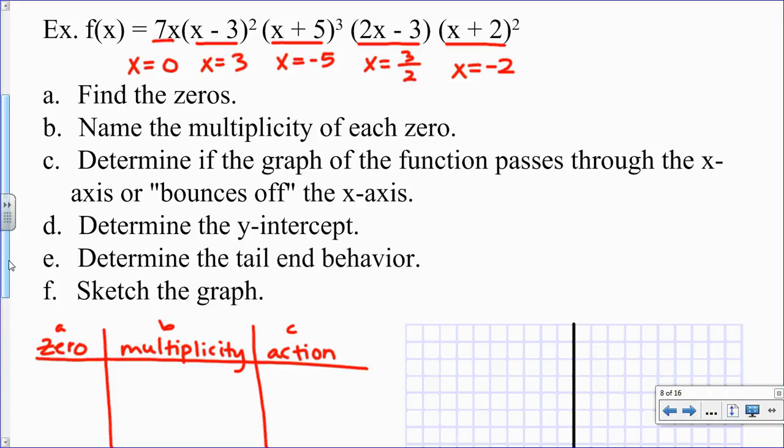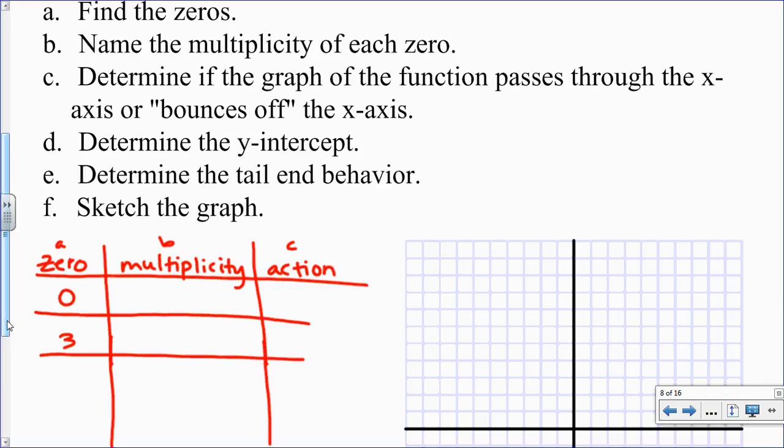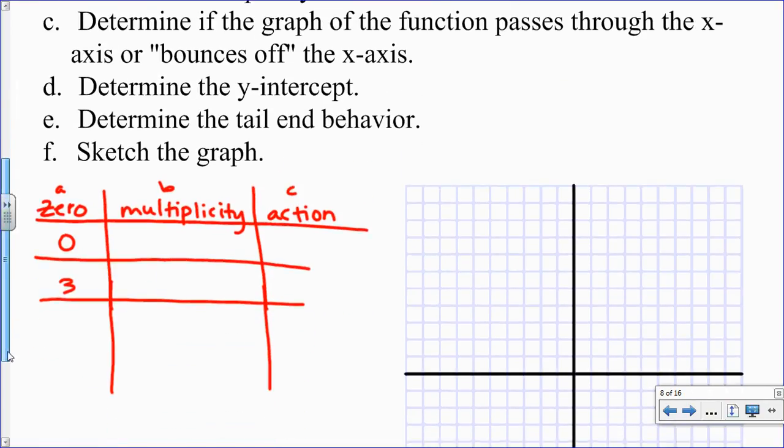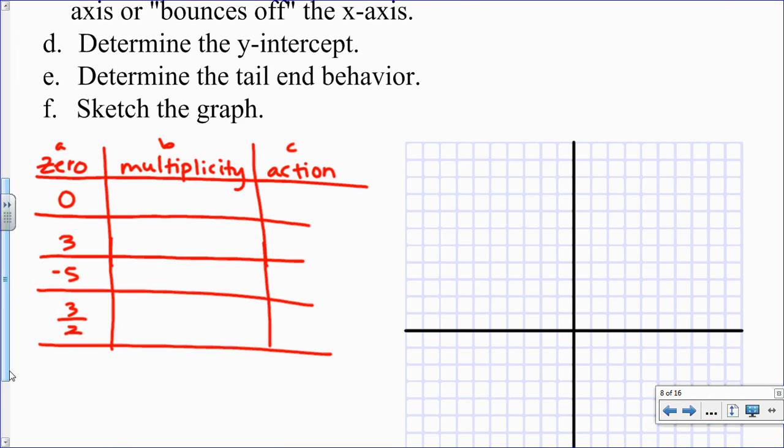Okay, so I'm going to put my zeros, 1, 2, 3, 4, at least 5 zeros in this table. So 0, 3, negative 5, 3 halves, and negative 2.